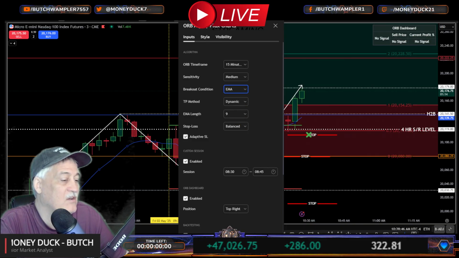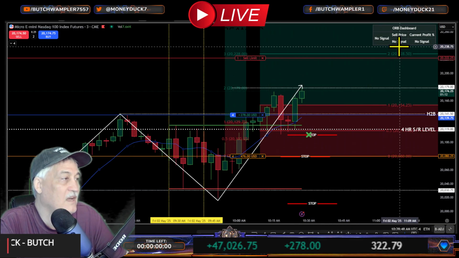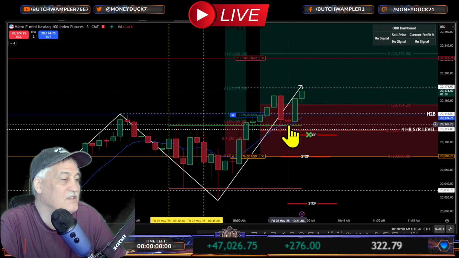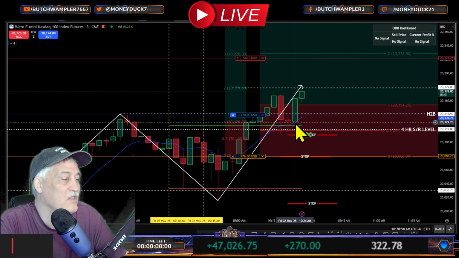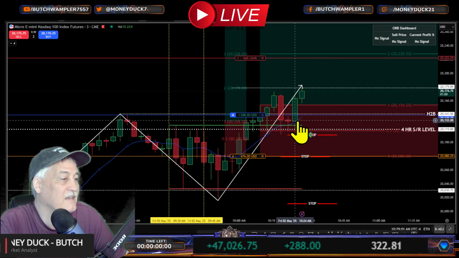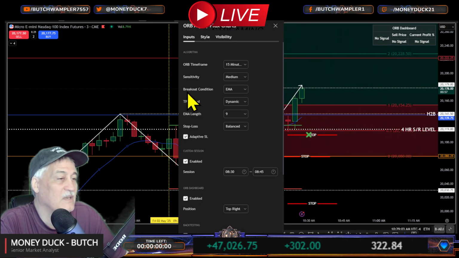So let's put it back on the moving average. If we put it back on the moving average, you would think it would have signaled a buy here, but we didn't get it. So why didn't we get a buy signal on the moving average cross on this thing? Because that, to me, is what it should do. Breakout condition, EMA.